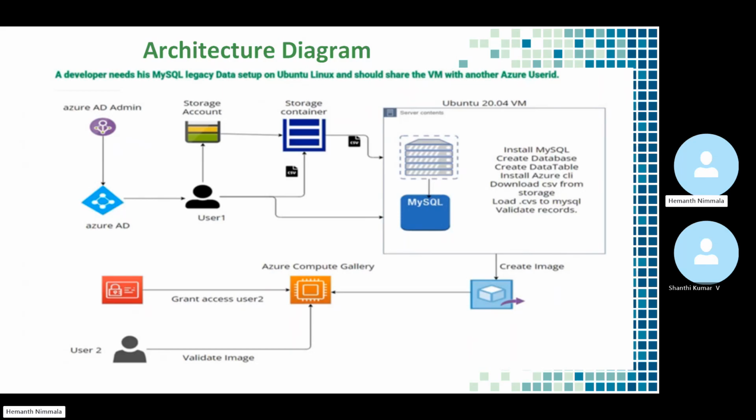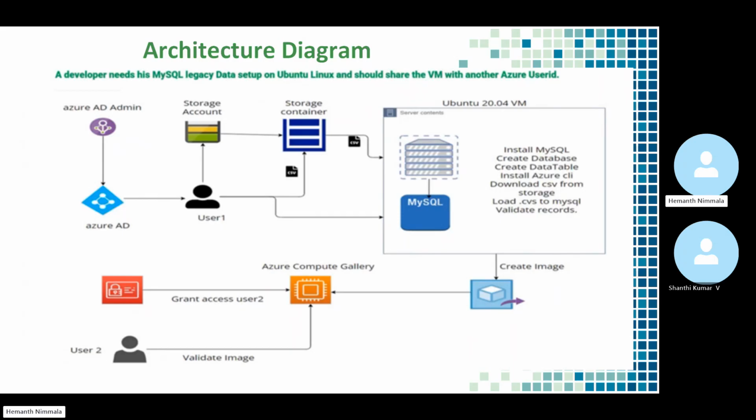Once he has those permissions and authorization to read the Excel file, we'll go ahead and create the virtual machine. We'll pick an Ubuntu Linux server as part of this demo. And we will first install the CLI, which is required, the command line interface of Azure.